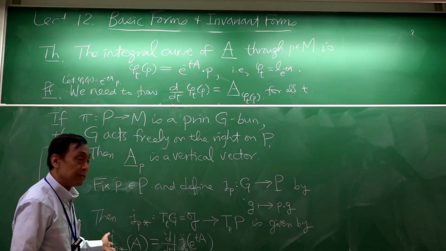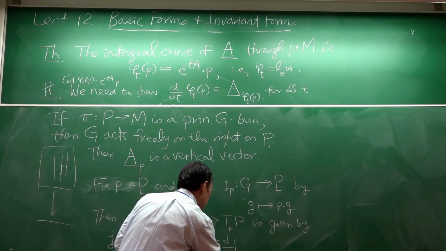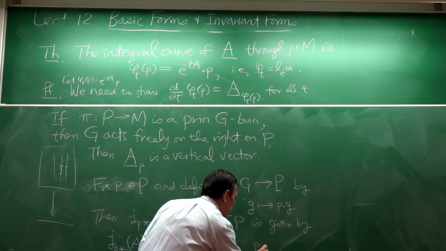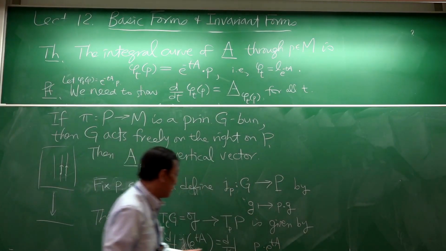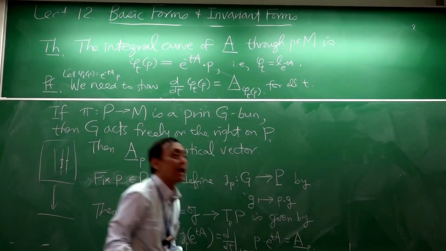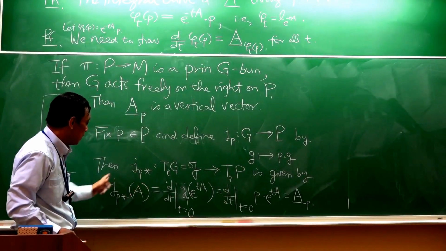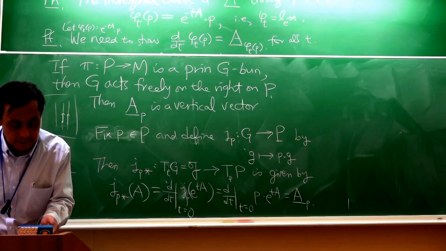That's how you calculate the differential. But you see that this is equal to d/dt at t equal to 0 of p dot e to the tA, okay? And that's precisely the definition of A bar p. So A bar p can also be calculated as a differential of j_p.